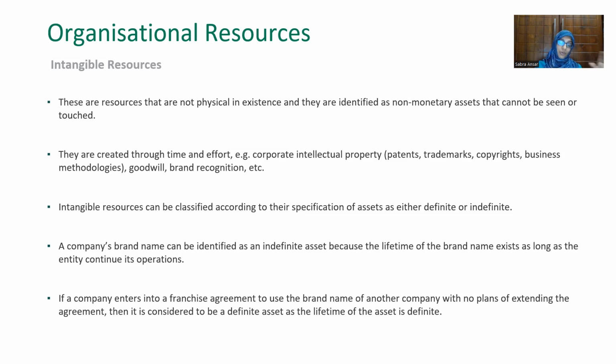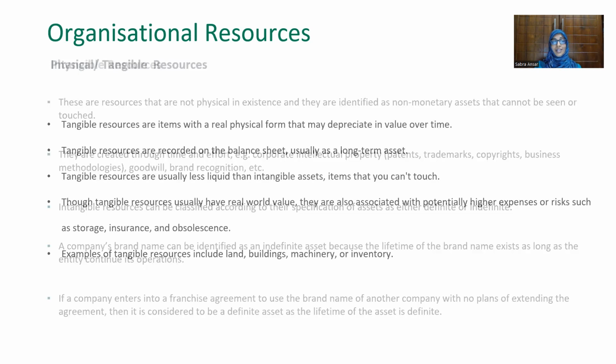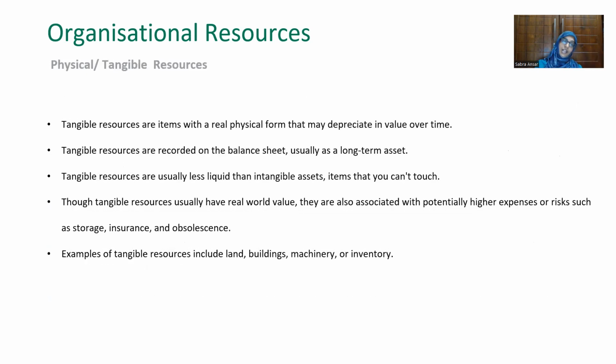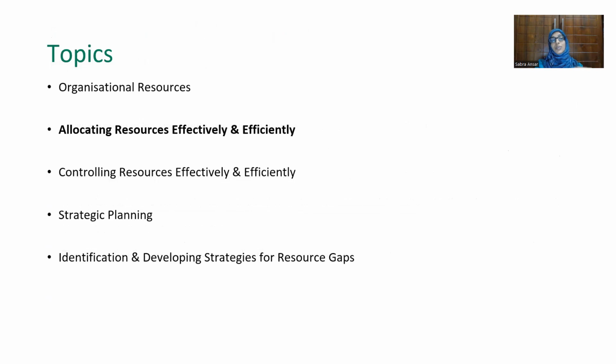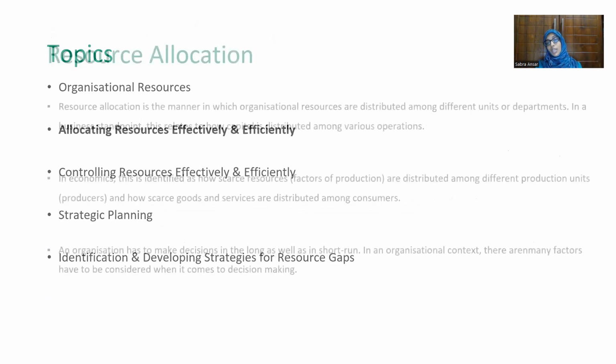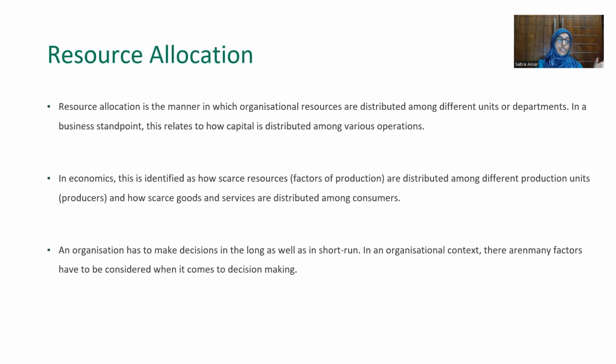So I spoke about how that will help an organization, and then about the physical, the tangible resource, where we talked about the long-term assets that we generally include in a balance sheet, like the land, building, machinery, and inventory as such.